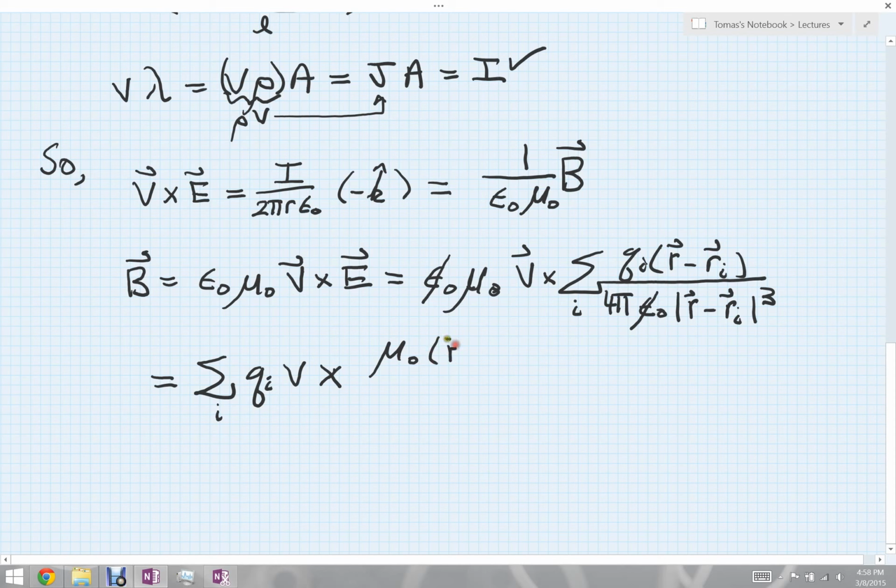There's just then r minus ri divided by, then I've got 4 pi in the denominator. The epsilon naught was canceled out previously. R minus Ri cubed. So this relationship is true for the wire, right? This works for the wire.